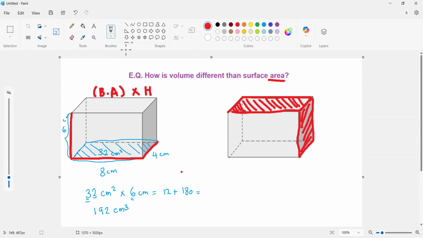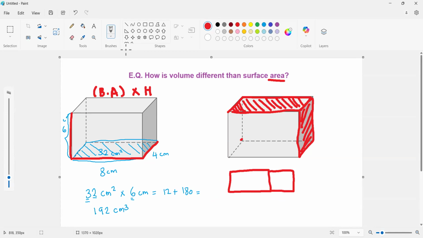So the surface area is the total area of all the surfaces that make up this 3D object. If we were to peel off and break this object into just surfaces, we just covered the top and the right side of this prism, of this solid form.